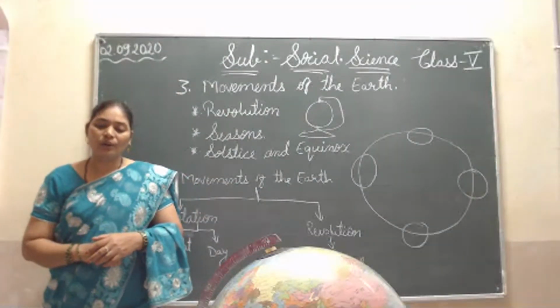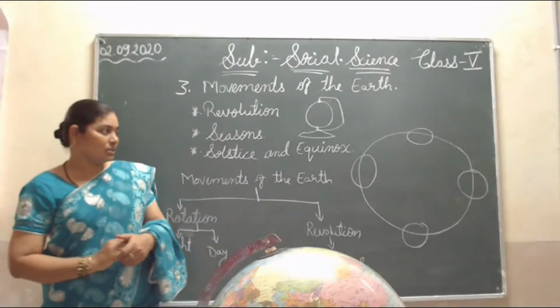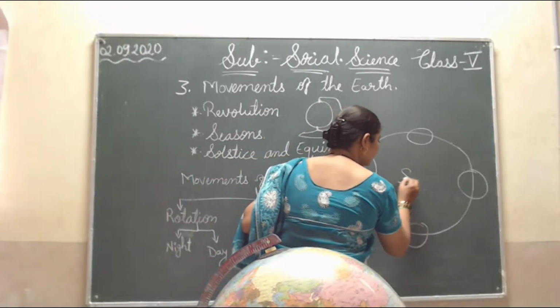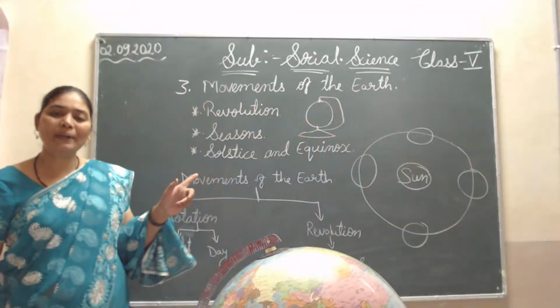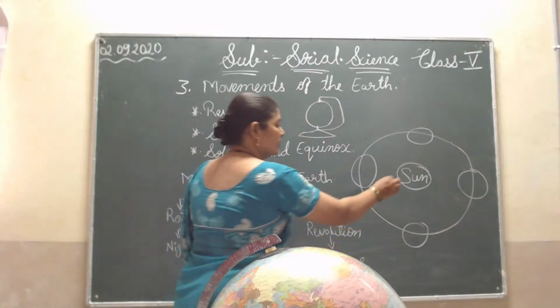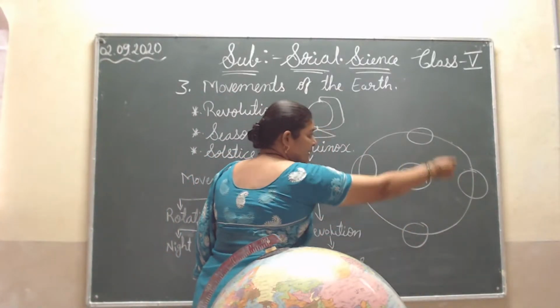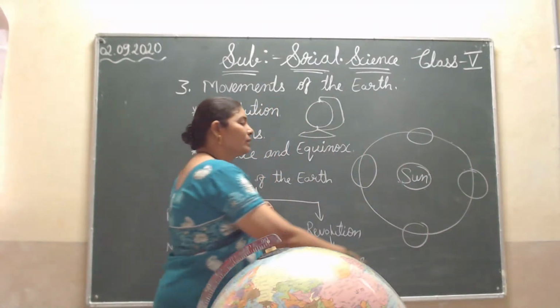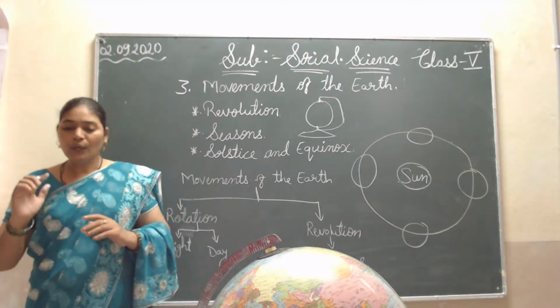But it also moves around the sun, in its orbit. This is the sun. Its round circle is called the orbit. The Earth is slowly surrounding the sun in it.